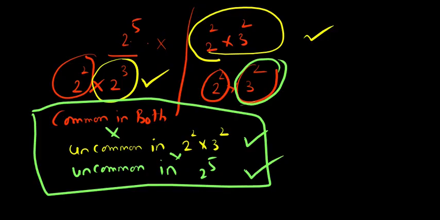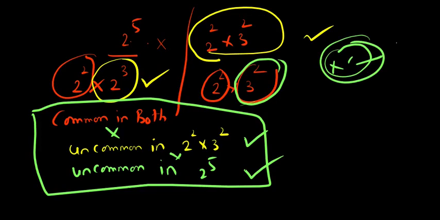So by this, the logic is why we take highest one: highest means it has common and uncommon. It covers both. So we take highest. After that, we take something other also highest. For example, 2 square, 3 square, 2 into 3 into 5. Here, there is a common 2 square and 2.